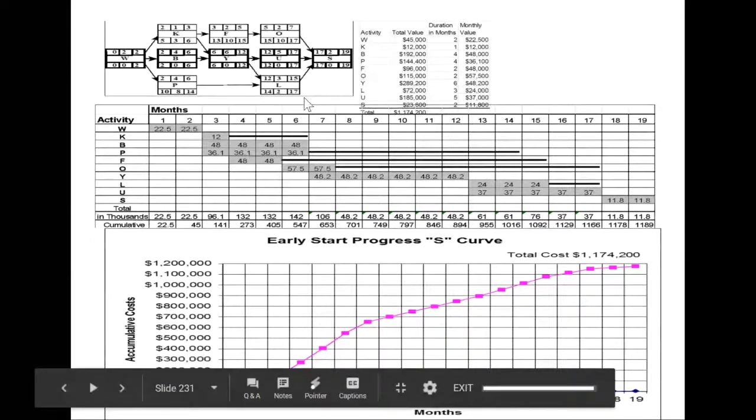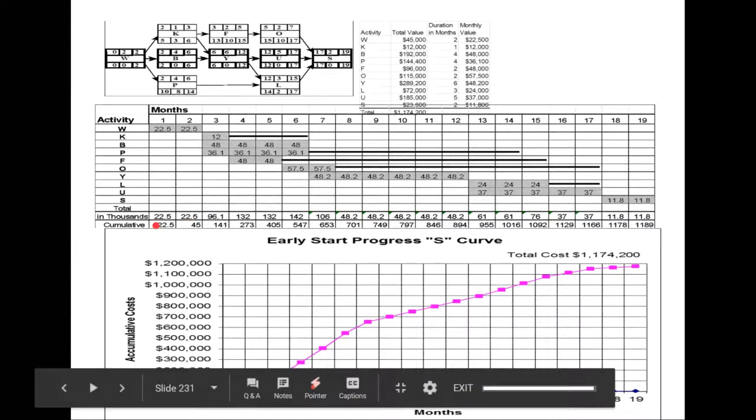Right, so going back to the same problem which we were discussing before, we did produce a resource cost loaded histogram where we did see these were the costs. But to draw the progress S curves, we do not need the monthly totals, rather we need the cumulative value.